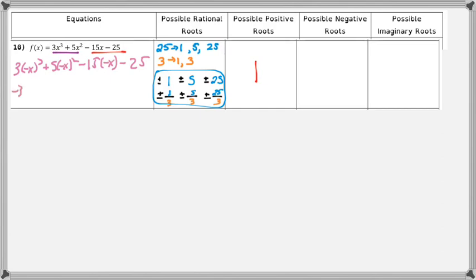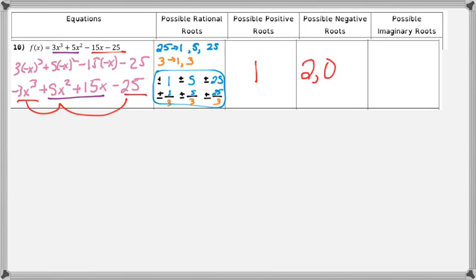So it's going to be negative 3x cubed plus 5x squared plus 15x minus 25. And so I'm looking for those sign changes. I'm positive in the middle and I'm negative on the 2 outside edges. So 1, 2 sign changes. So 2, 0, because we keep counting down by 2's.